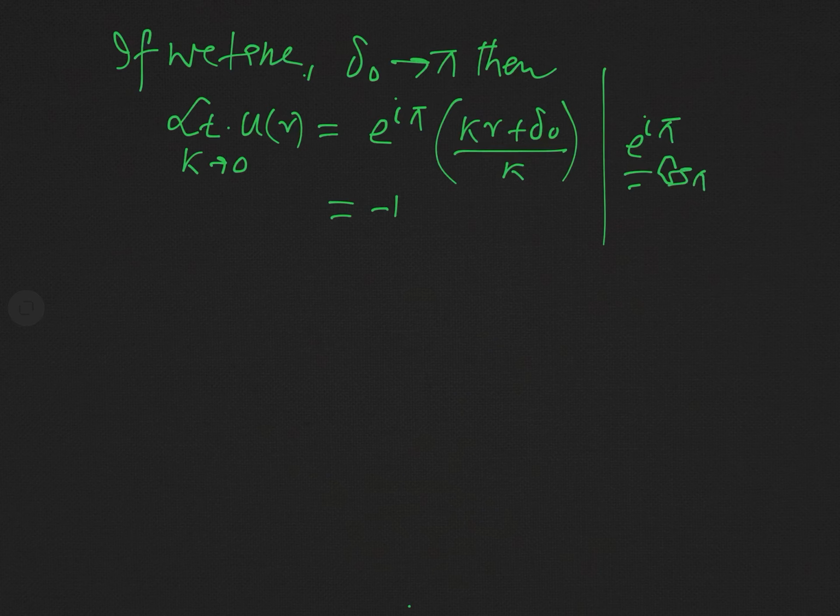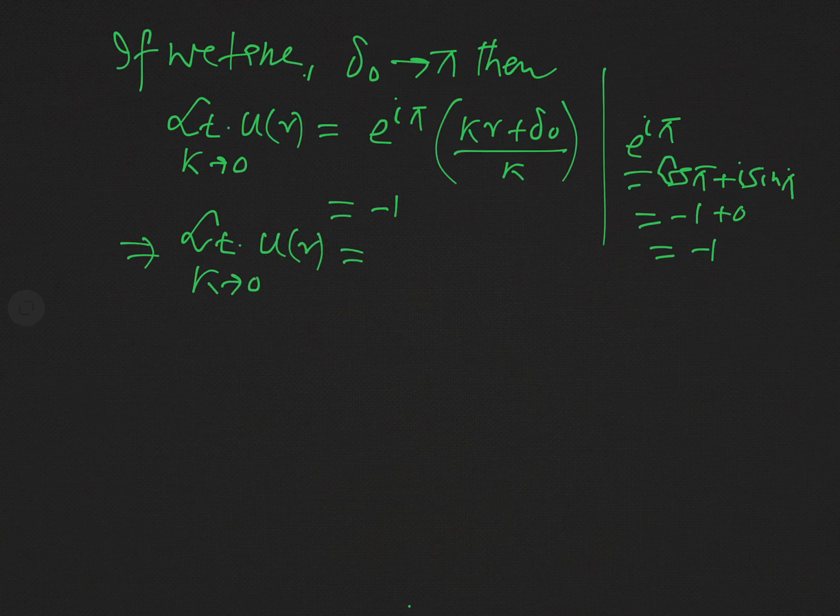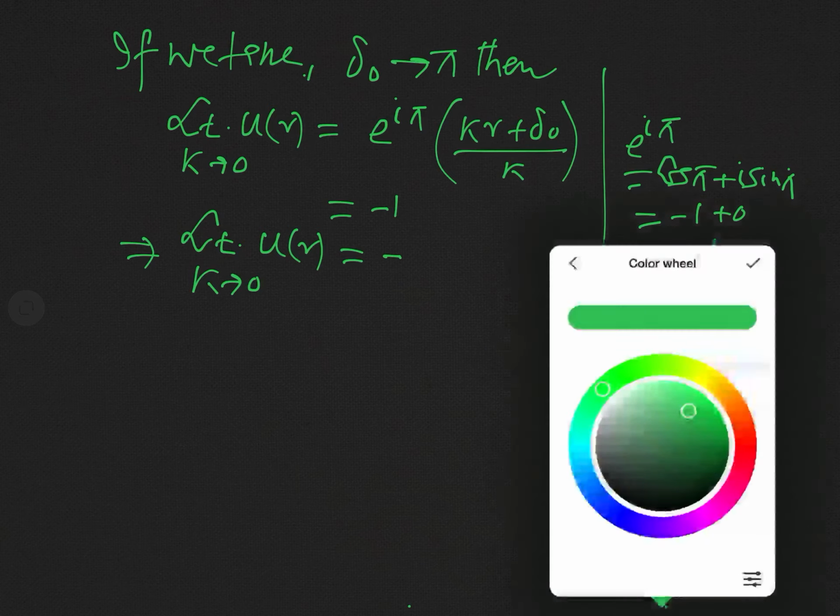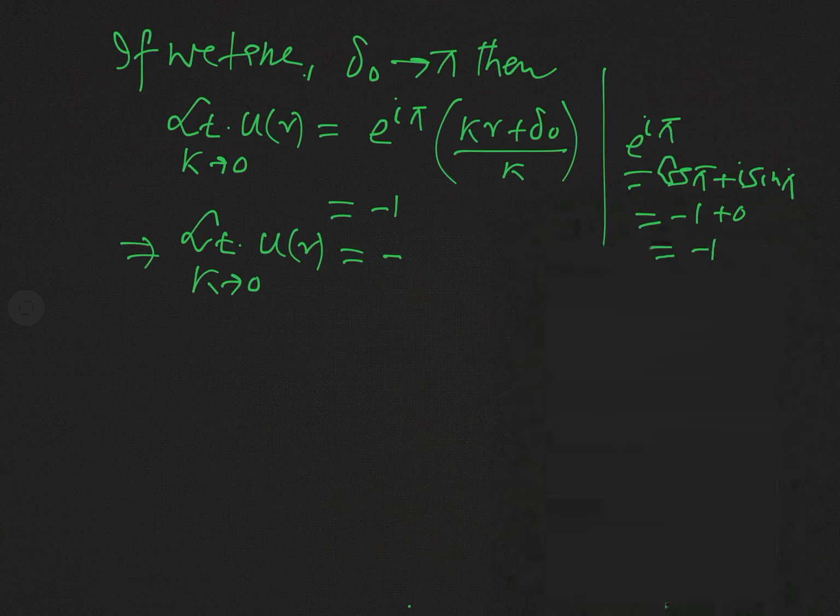As you can see, e to the power i pi is cos pi plus i sin pi, which is minus 1 plus 0, so this is minus 1. Hence we can write that limit k tending towards 0 of u of r is equal to minus.